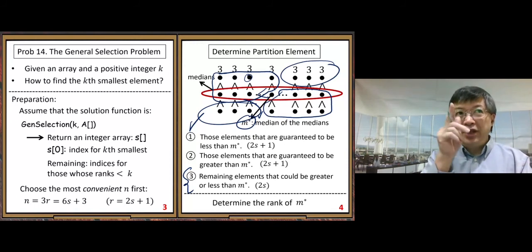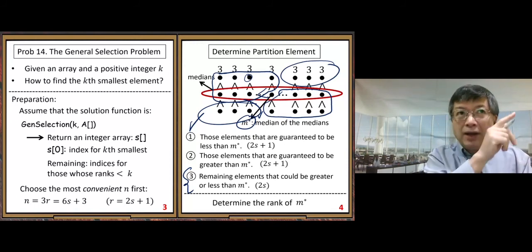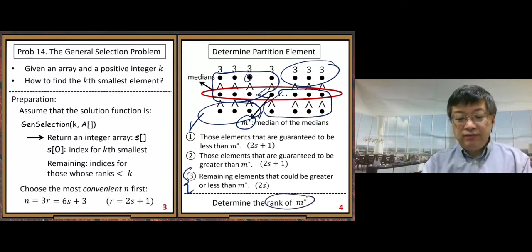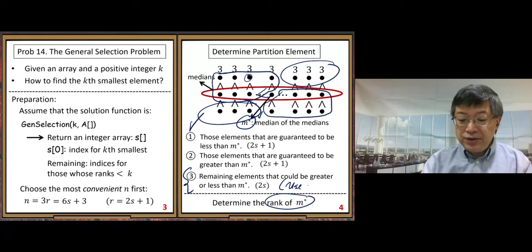That is the last thing. After we fix that, we can get the rank of M star. But for this part, to get it clearly, we need to use comparisons.